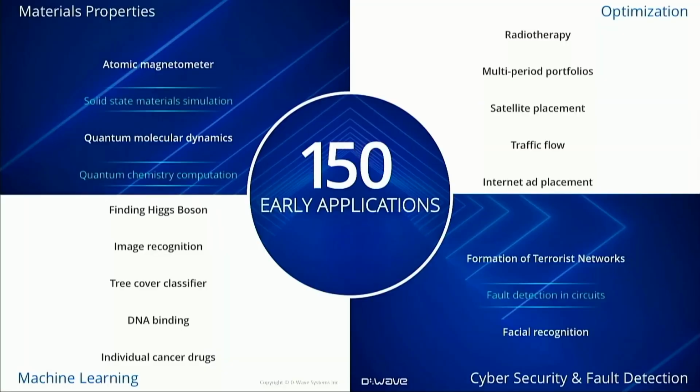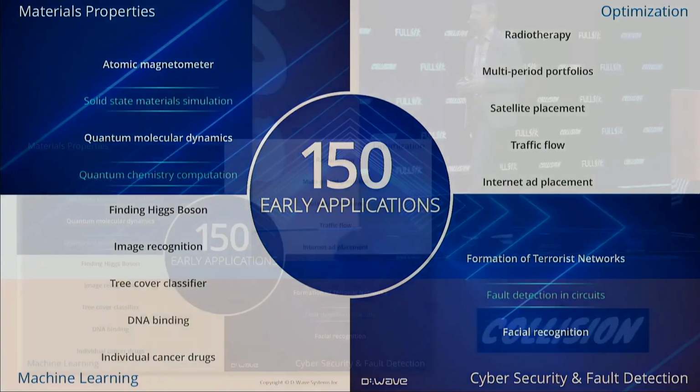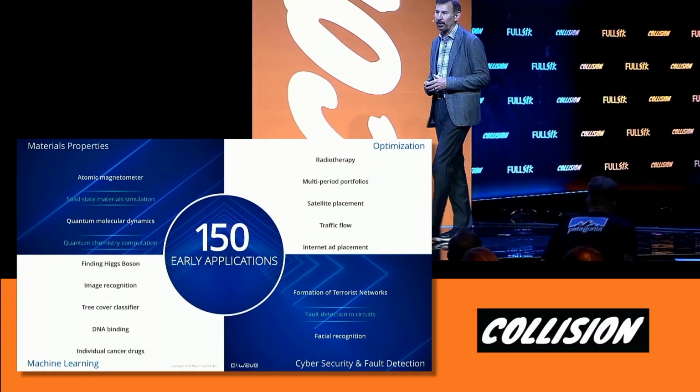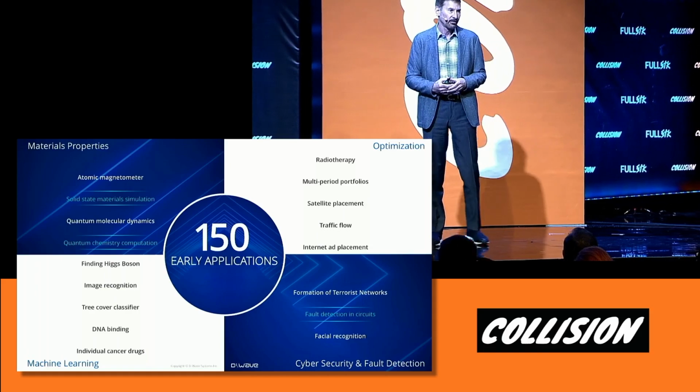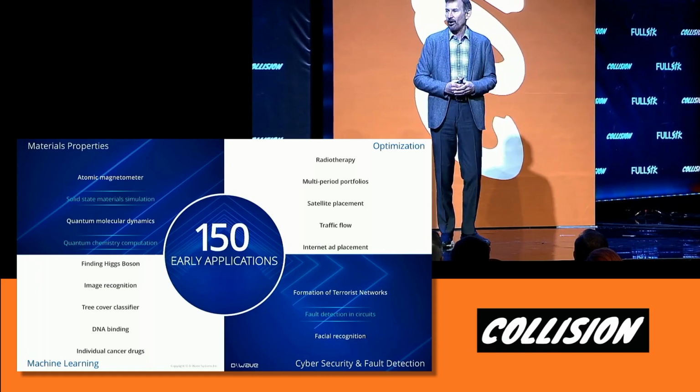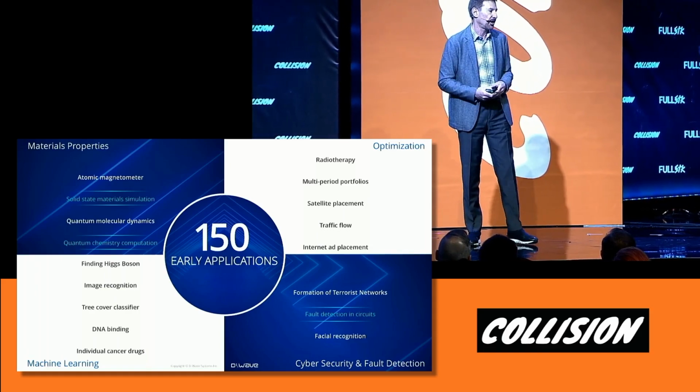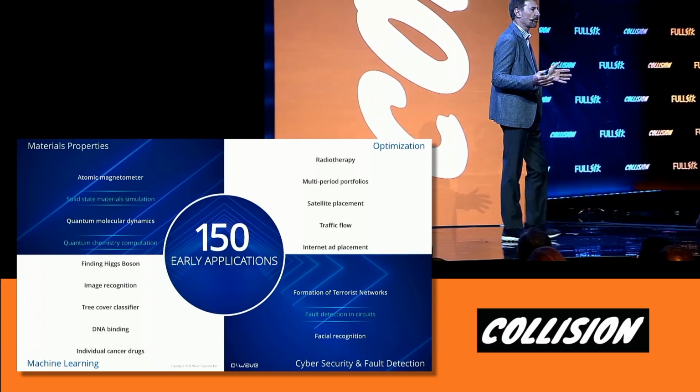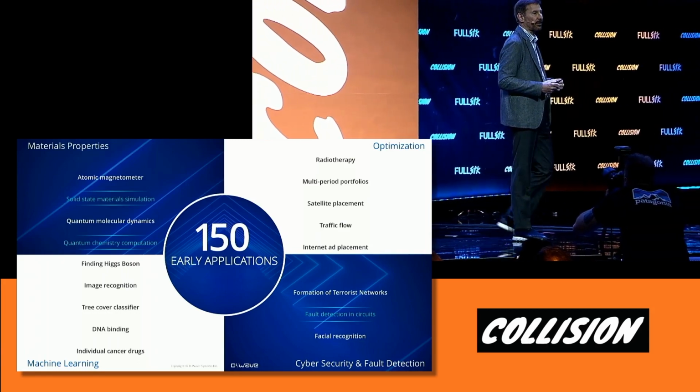This has been done on our quantum system. Antenna placement, vehicle routing. Volkswagen announced a while ago that they've solved a vehicle routing problem on our system, and they're moving toward putting that into production to optimize traffic flow across a metropolitan area. So a broad array of different types of applications.